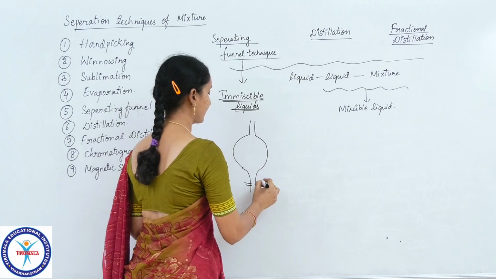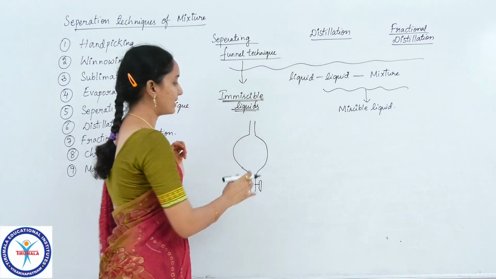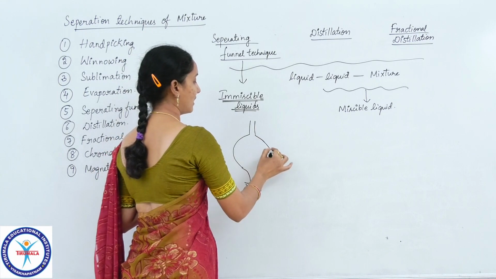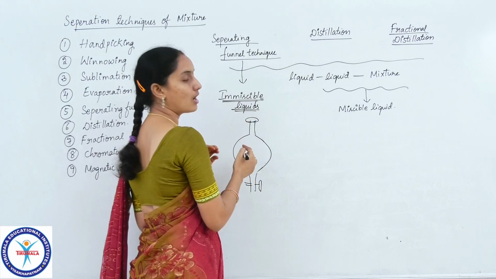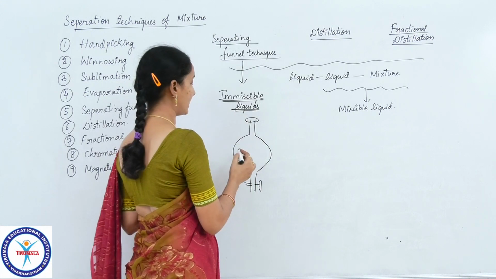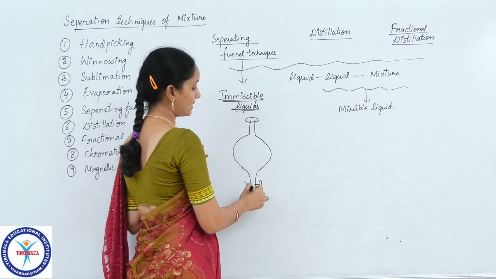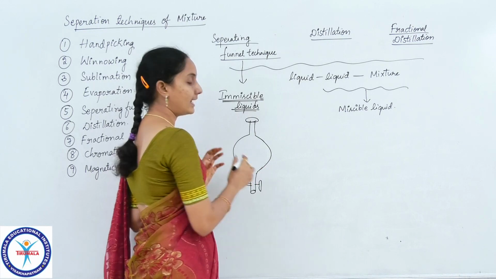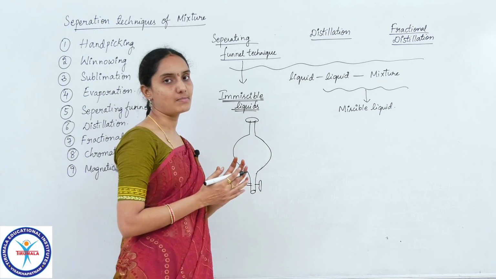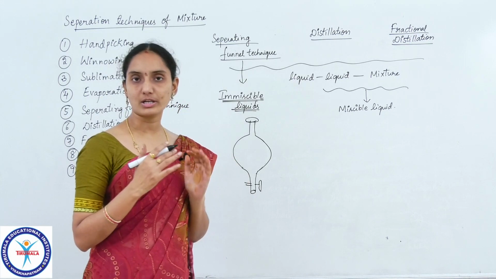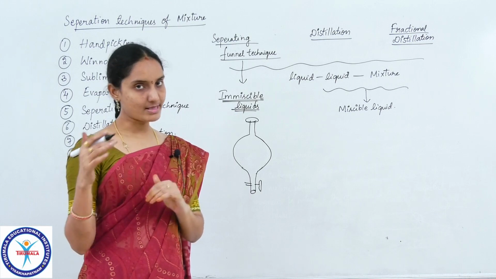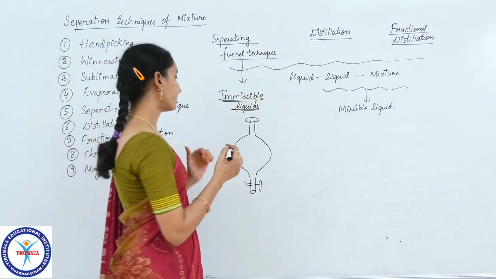You will have a separating funnel like this, children, with a lid over here. You pour the mixture of immiscible liquids into this, close the nozzle at the bottom and let it stand for some time without disturbing it. The two immiscible liquids generally separate out into two different layers when left undisturbed.